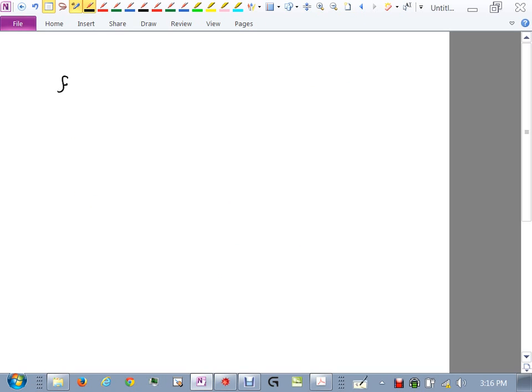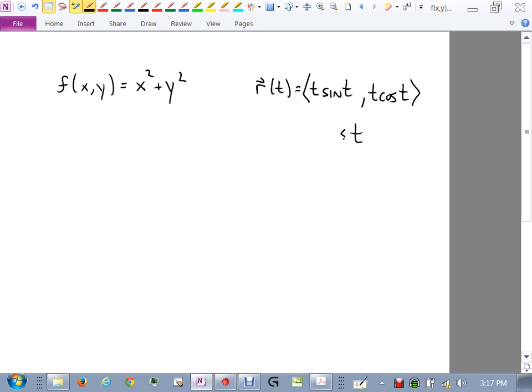So we're given our scalar function, we're given our r of t, and we're given our restriction on t.